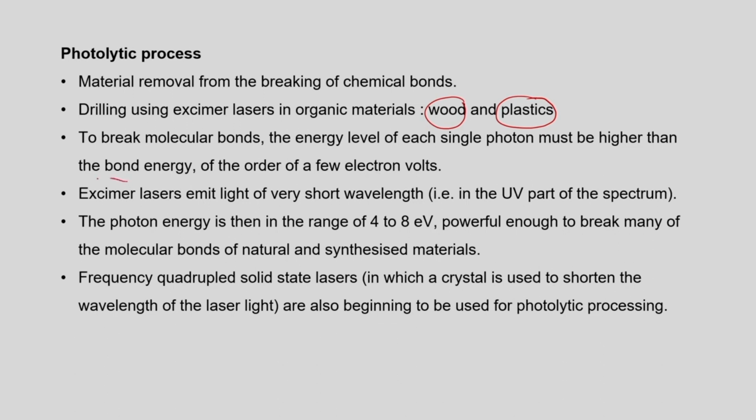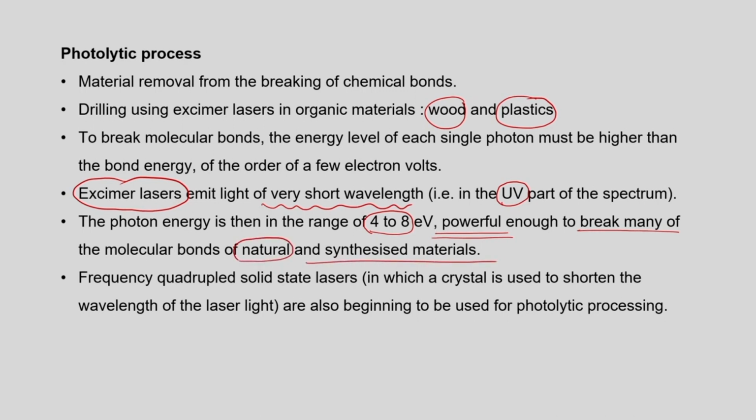When we take the excimer laser, which has a very short wavelength in the ultraviolet part of the spectrum, it has an energy level between 4 to 8 electron volt, which is more than sufficient to break many molecular bonds of natural and synthesized materials.